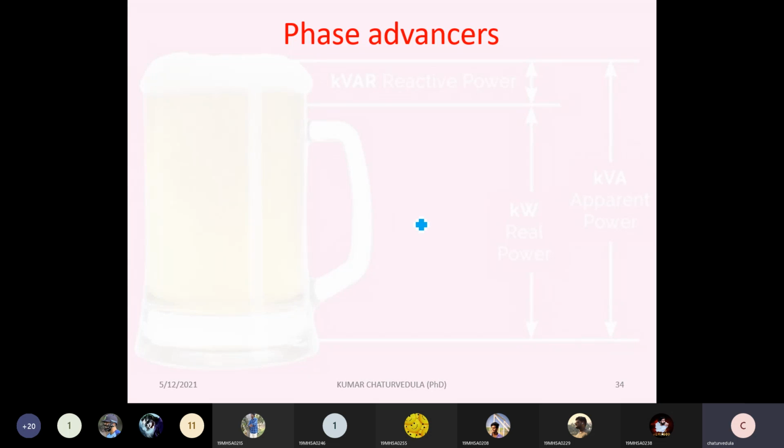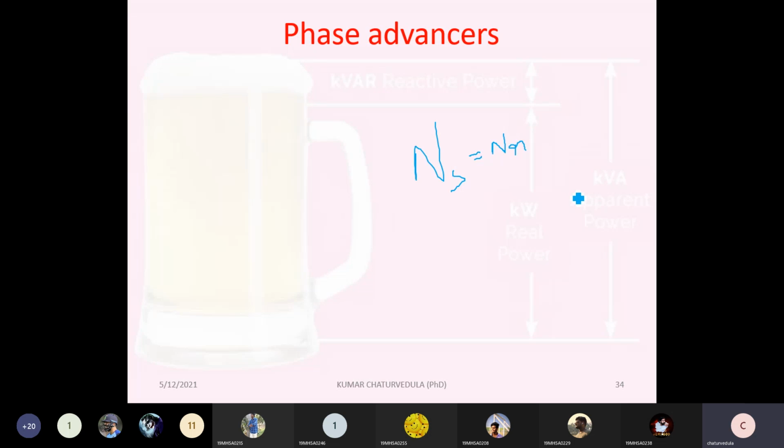If slip is not there, then Ns is equal to Nr. When Ns is equal to Nr, does the rotor rotate? No. Nr is always less than Ns for an induction motor.